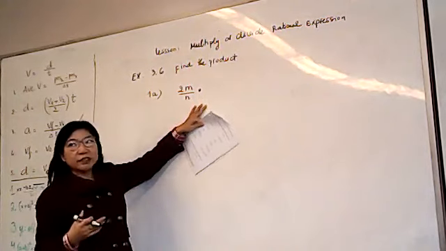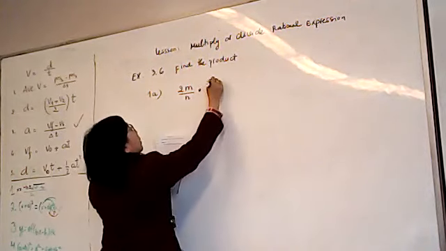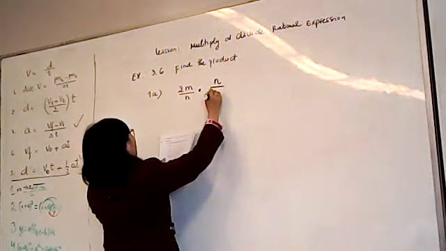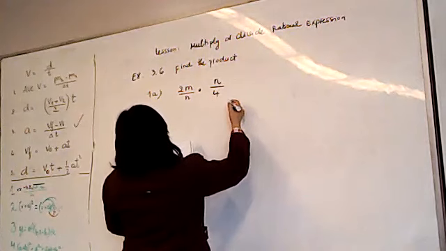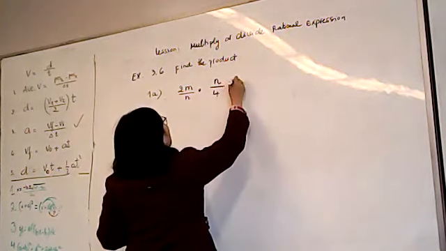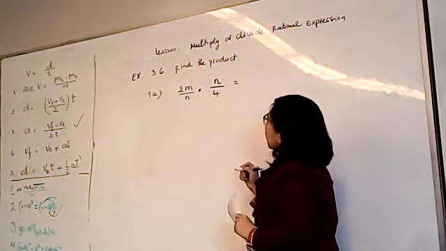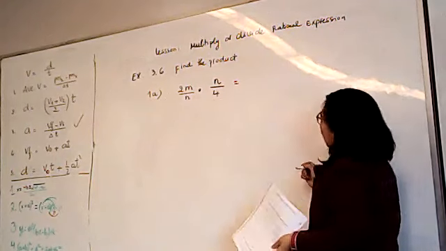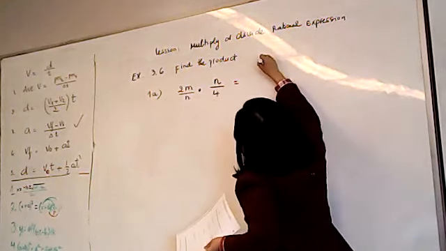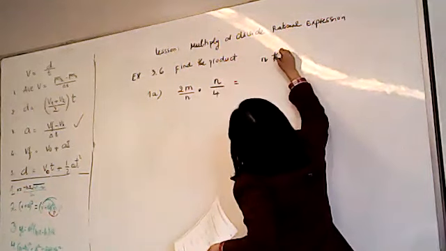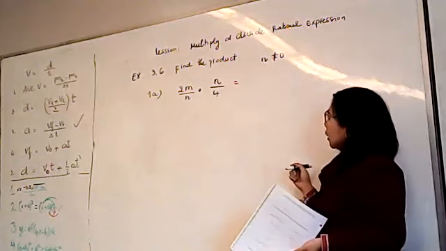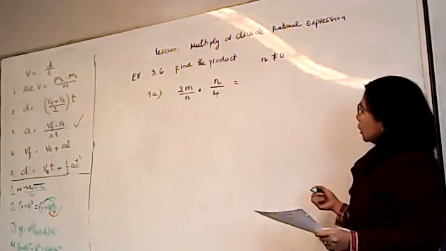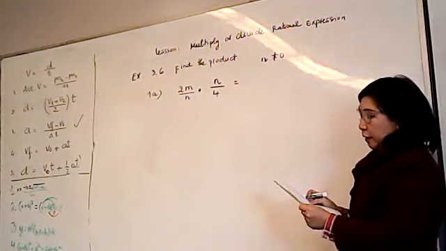That's why I put the dot instead. n over 4. Okay, so assume again that the denominator is not 0, right? So of course n has to be different from 0. I just write that on top, okay?